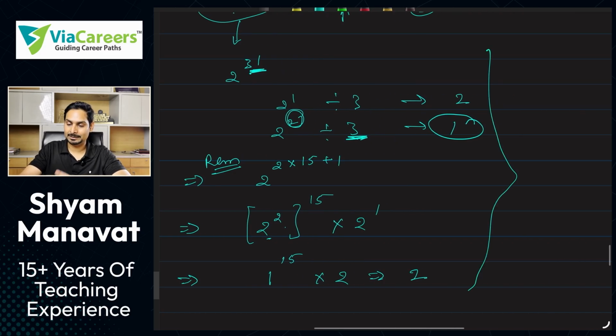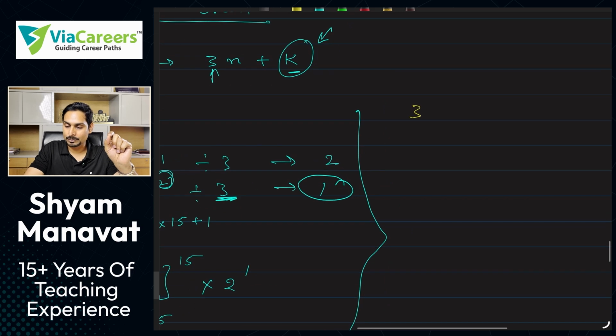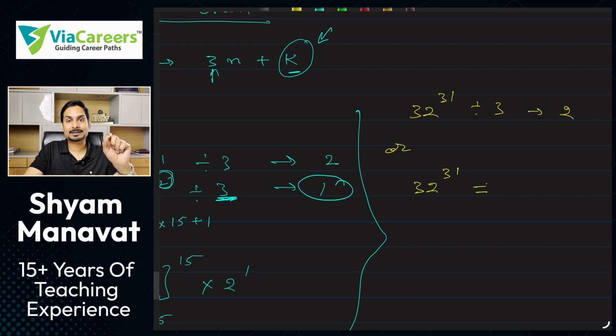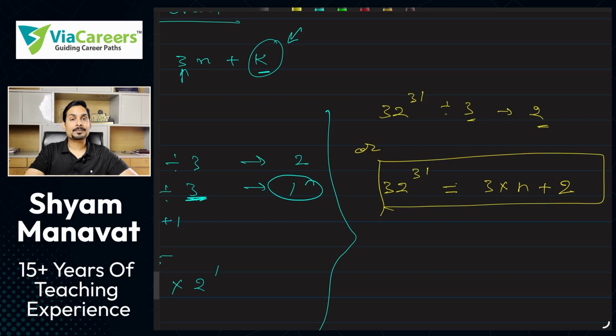Pay attention here: this means that when 32 to the power 31 is divided by 3, the remainder is 2. Or I can say 32 to the power 31 can be written as divisor into a quotient which I don't know, plus remainder 2. You don't need to know the quotient. This is important for us.